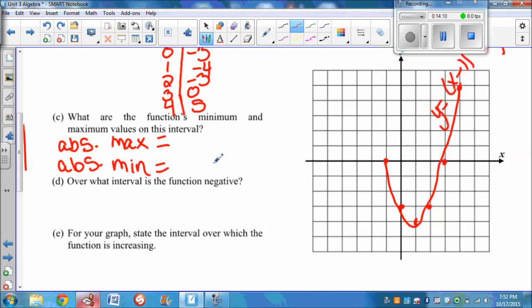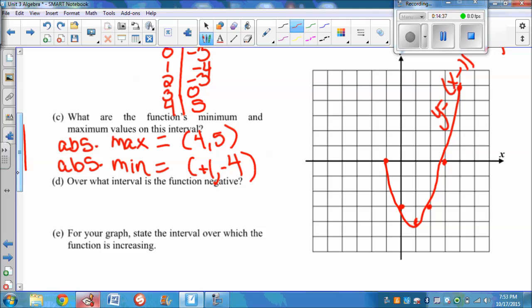So the absolute max is, we end up with 1, 2, 3, 4, 5. And the absolute min is -1, 1, 2, 3, -4. Oops, +1, -4.